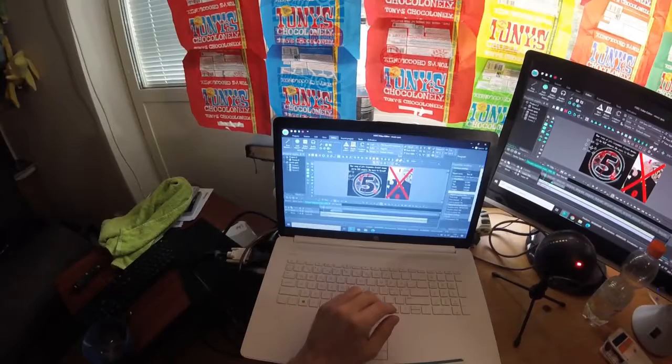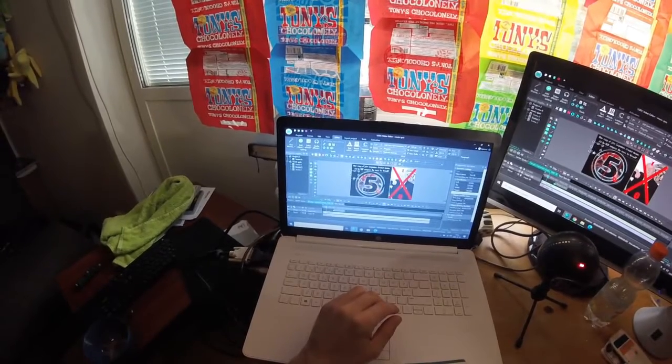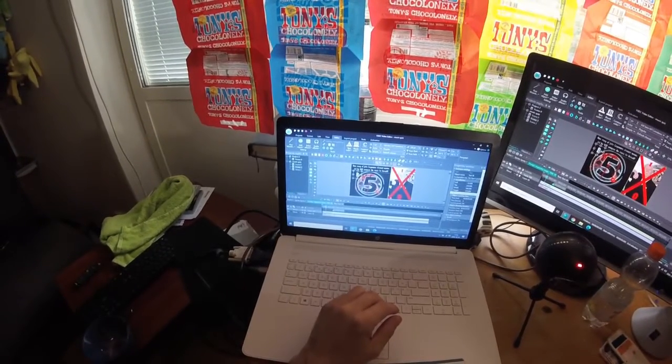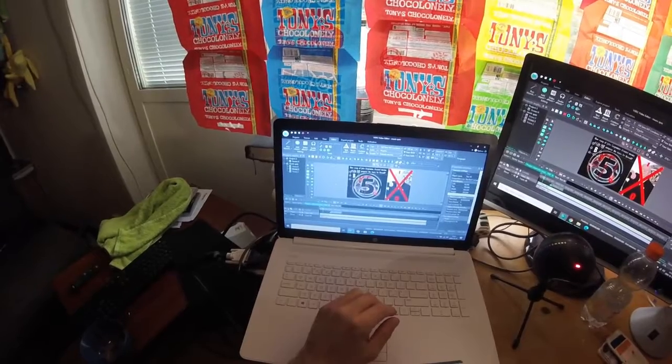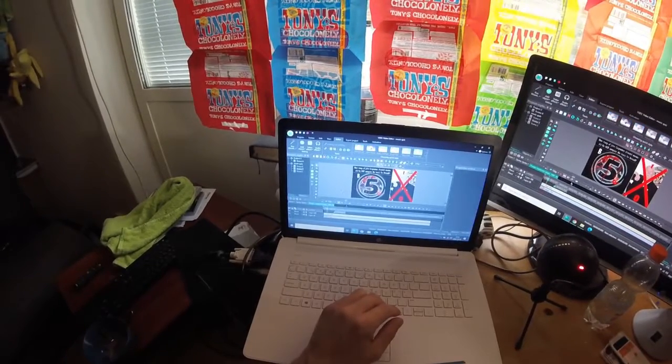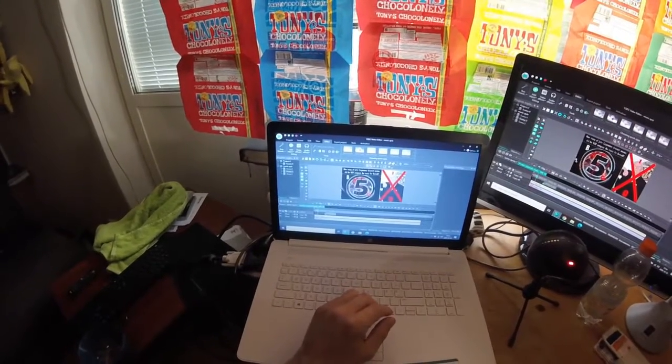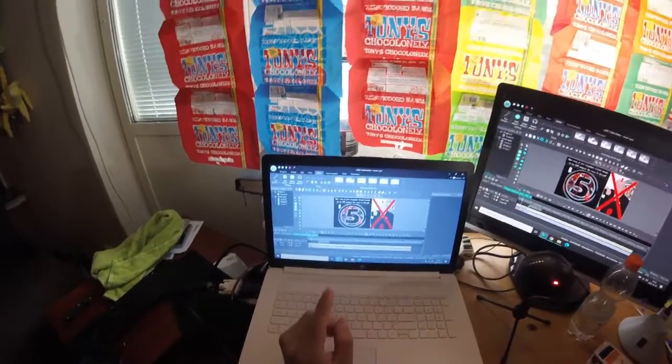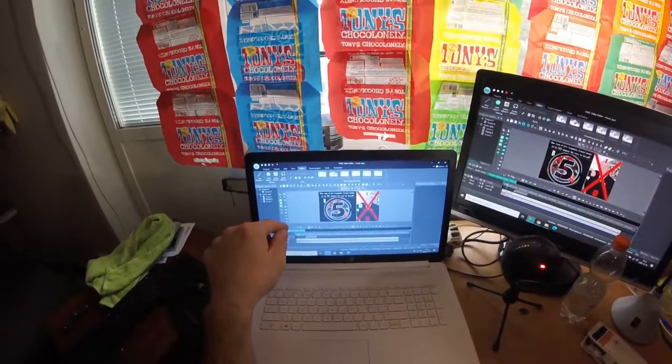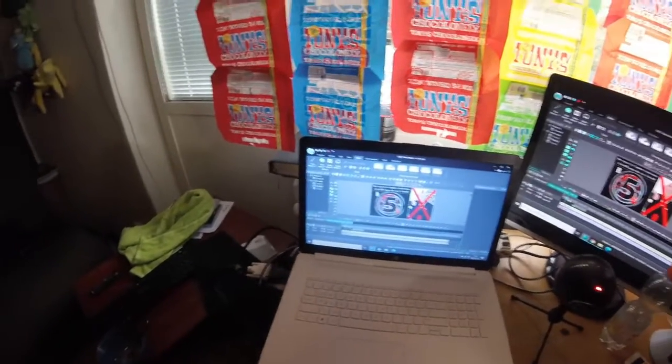For some reason I can't place it over here. I don't really know why. I thought it was because of the picture not covering that. No, it's because of the picture they're in. Yeah, but that makes no sense. I don't get this program.